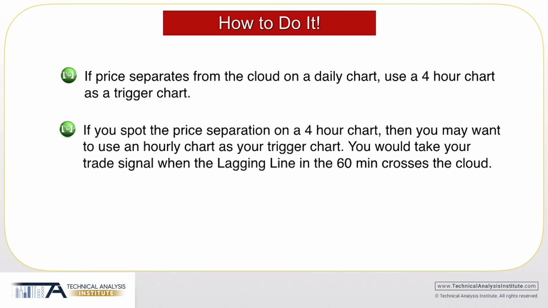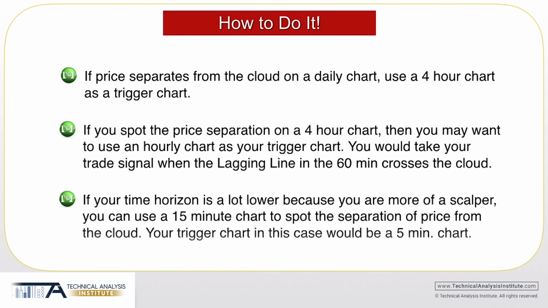You would take your trade signal when the lagging line in the 60-minute chart crosses the cloud. If your time horizon is a lot lower because you are more of a scalper, you can use a 15-minute chart to spot the separation of price from the cloud. Your trigger chart in this case would be a 5-minute chart.